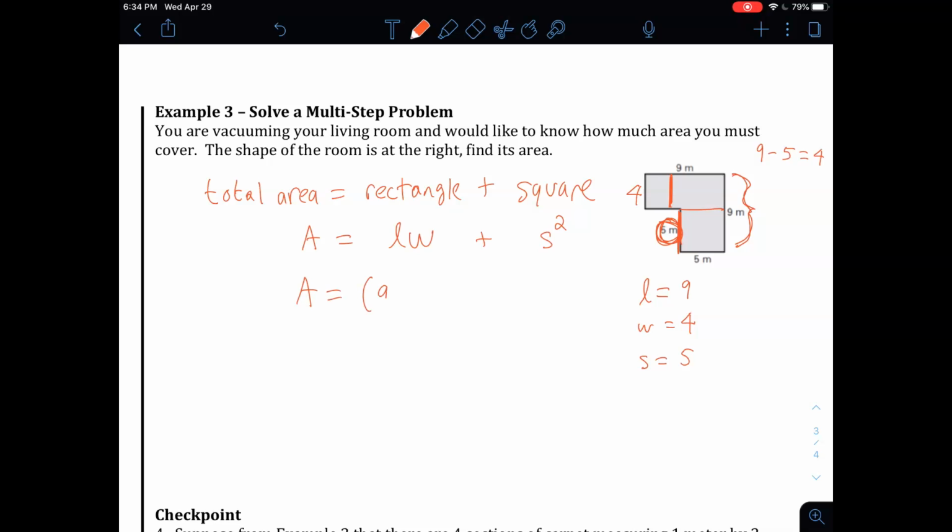We got 9 times 4 plus the side length squared, which is 5 squared. And 9 times 4 is what? 36. And what's 5 times 5, or 5 squared? 25. And then the area is going to equal 61 meters squared.